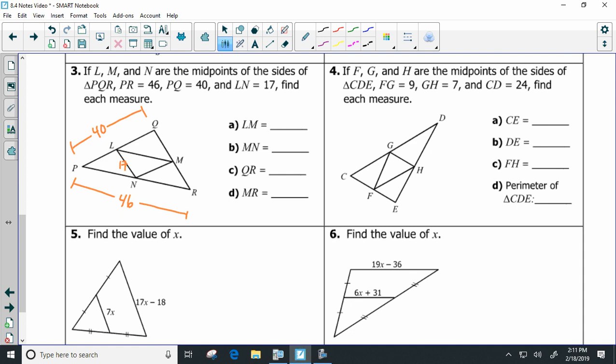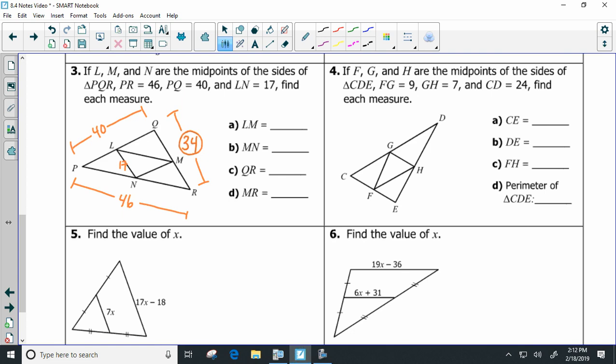So if mid-segment LN is 17, then the third side that it's parallel to is QR. And the mid-segment has to be half as long as the third side. So what is 17 half of? 17 is half of 34, and if I do 17 times 2, I get 34.